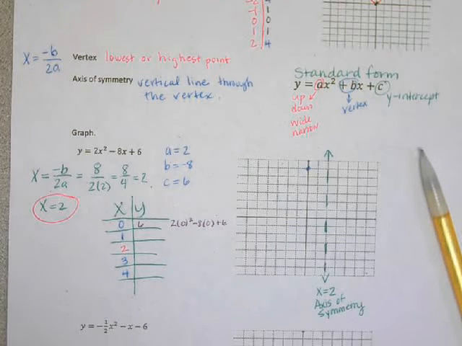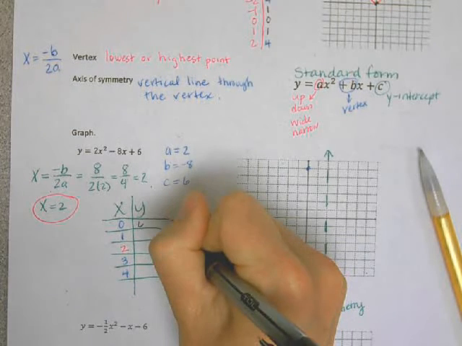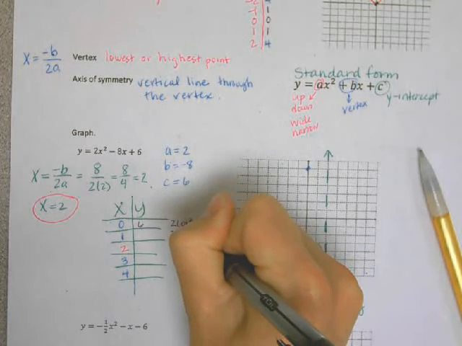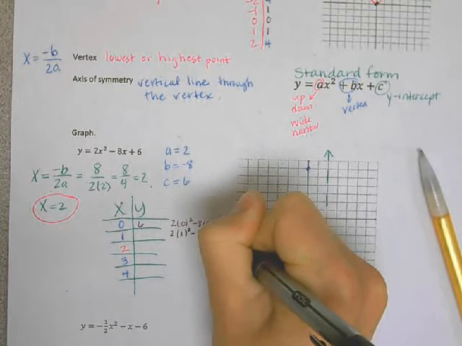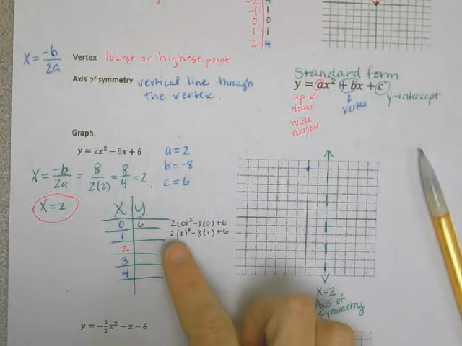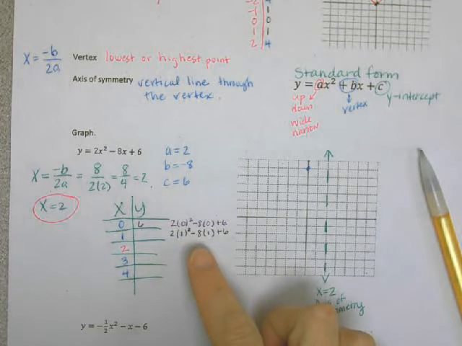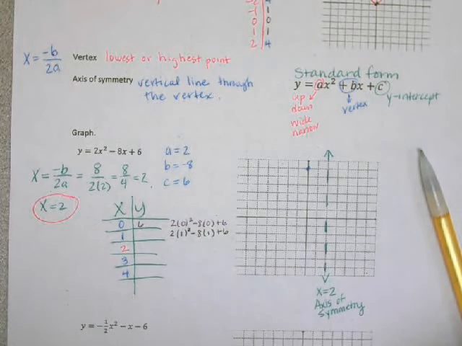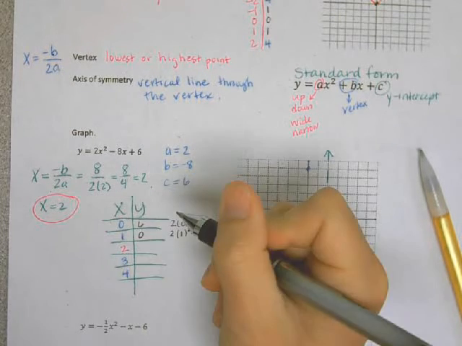Make your calculator do the next one as well. 2 times 1 squared minus 8 times 1 plus 6. If you did that, you would find you'd have 2 minus 8, which is negative 6, plus 6, you get 0.